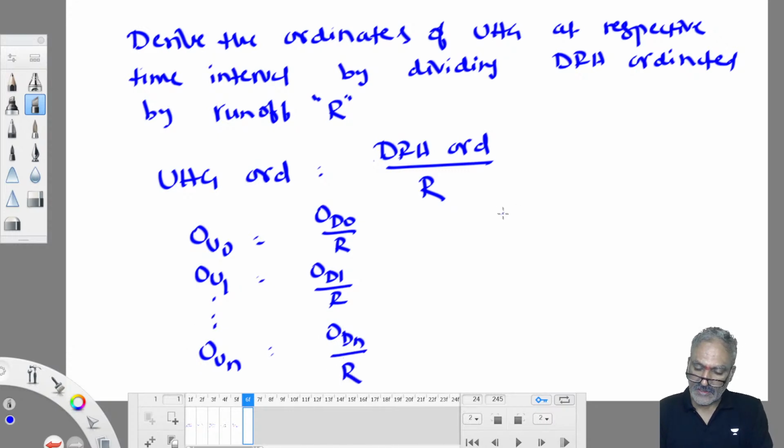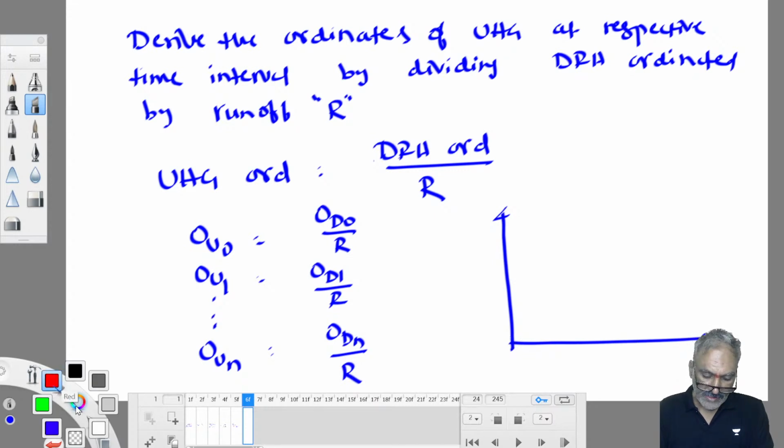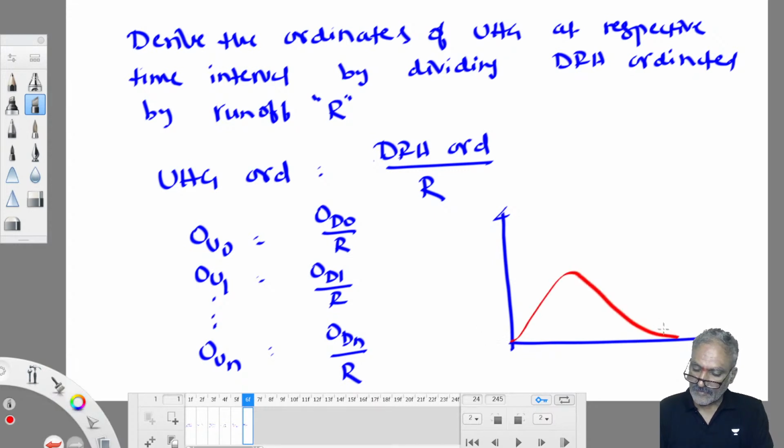So we got one unit hydrograph with ordinates OU0, OU1, OU2 up to OUN at times T0, T1, T2, Tn.